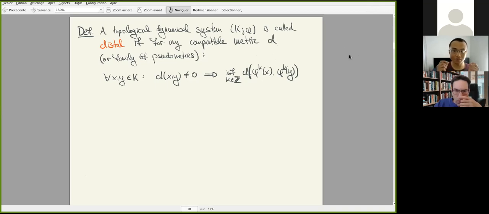This just means if you start with two different points, then neither in the past nor in the future can they, along some subsequence, converge arbitrarily close together. So they stay separated at a certain distance from each other.